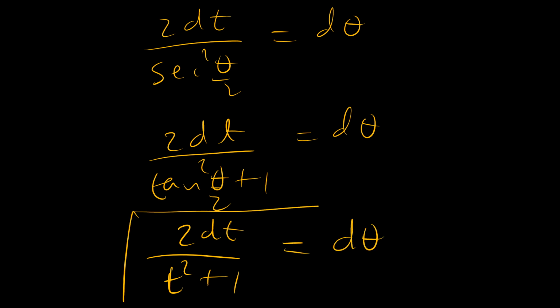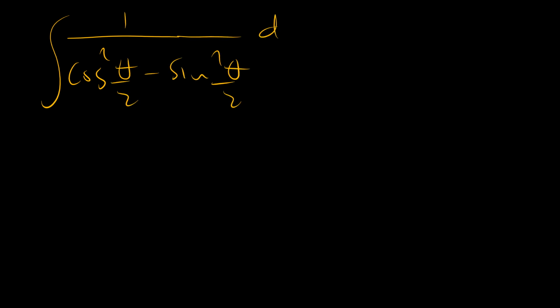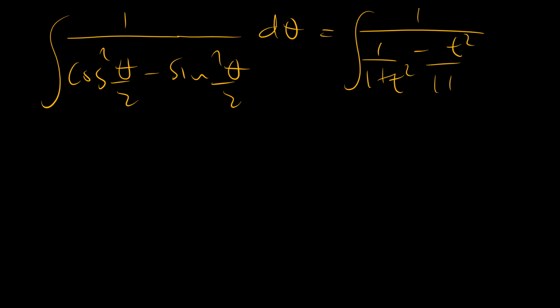So important substitution. What that is, is that our integral of 1 over cosine squared theta over 2 minus sine squared theta over 2 is the same as 1 over 1 over 1 plus t squared minus t squared over 1 plus t squared, times d theta, which is 2 dt over 1 plus t squared.